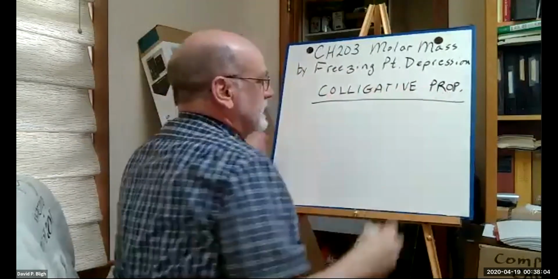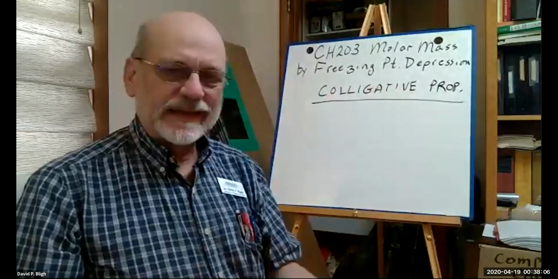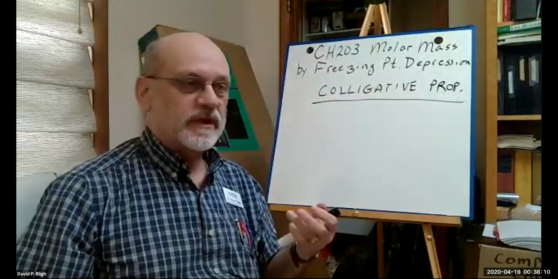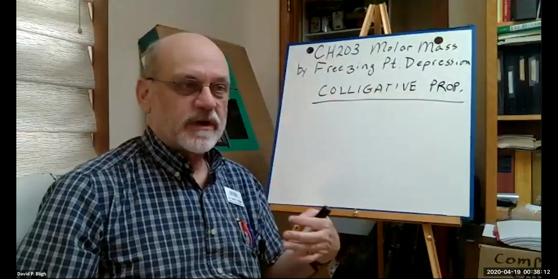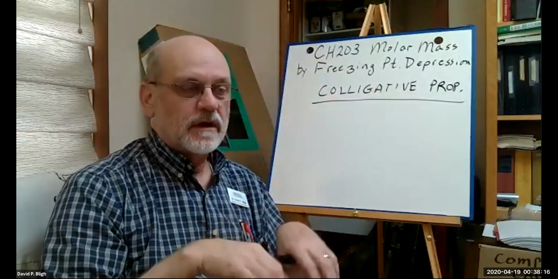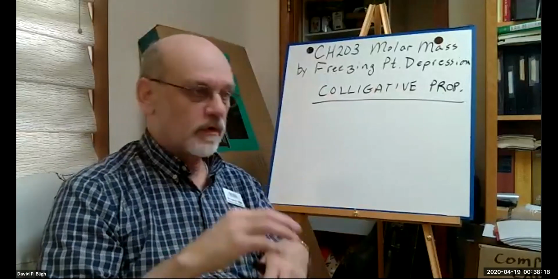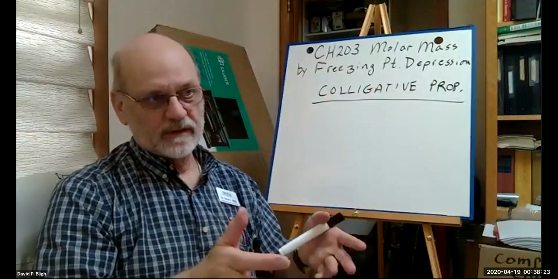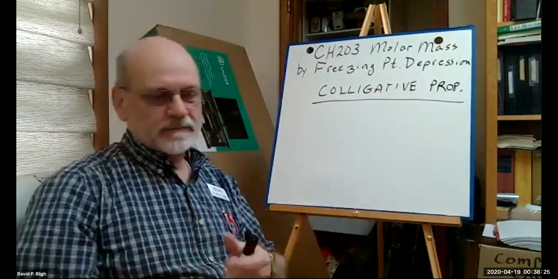Okay? So what do we mean by colligative property? In chemistry, colligative property means any property that is measured with no concern for the material of interest. So that's kind of vague.